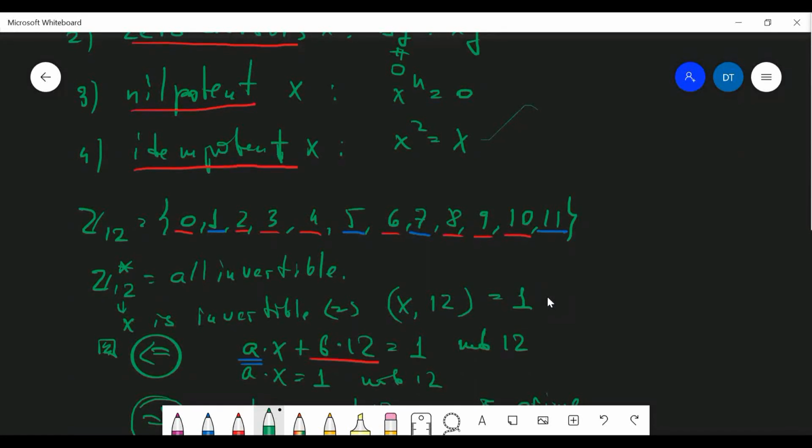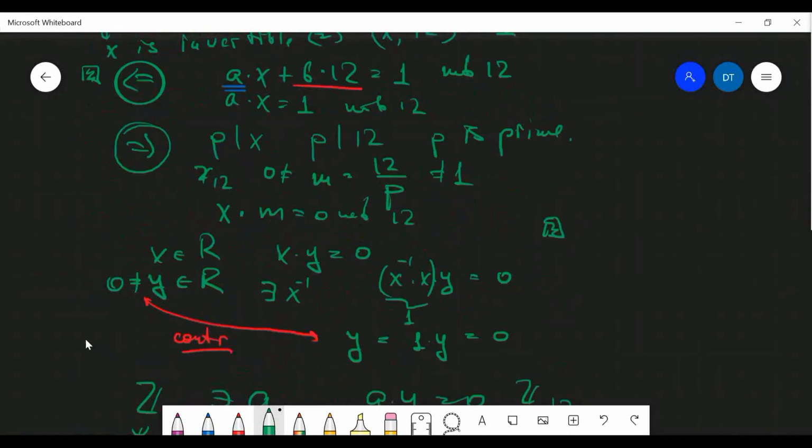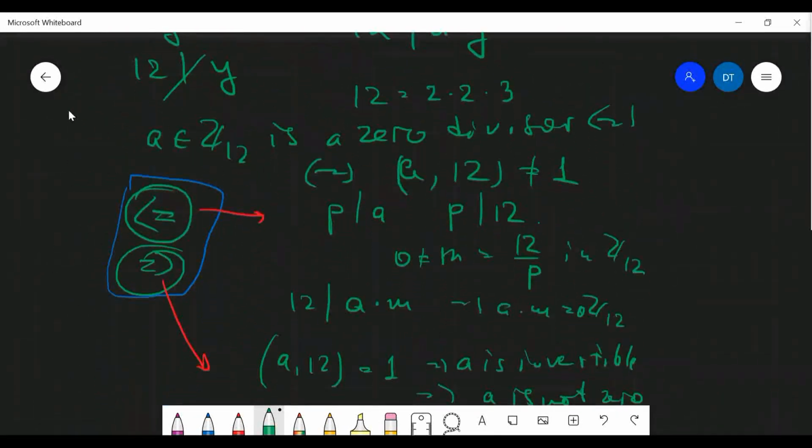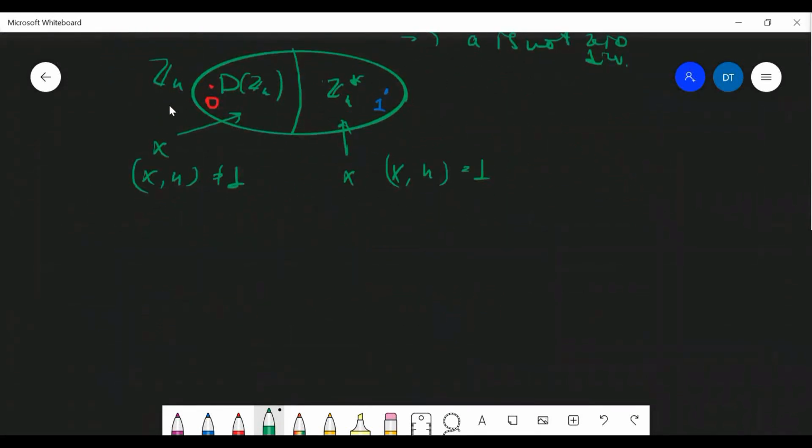Well, the problem here is that we don't know which power to use. But what happens here in general is this. Let's discuss how to find all the nilpotents of Zn.